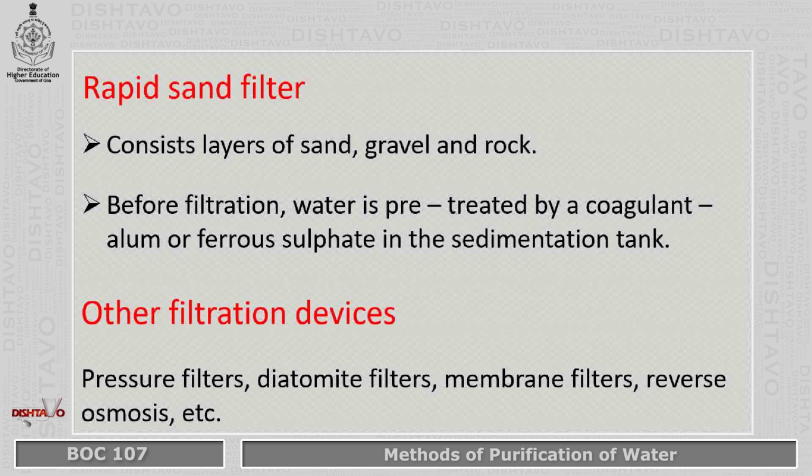The filtration takes place at a very fast rate, about 50 times faster than the slow sand filters. These require smaller areas. But the sand filters get clogged very fast and they have to be cleaned very often. This sand filter plant depends on physical trapping of fine particles and coagulants.